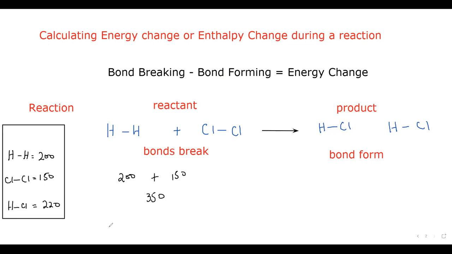For each bond of H and Cl, the energy is 220. So this is 220 and this is also 220. I can say 220 plus 220, or I can write 220 multiplied by 2. So the bond forming is 220 multiplied by 2, which equals 440.